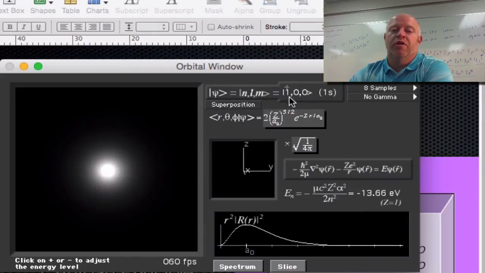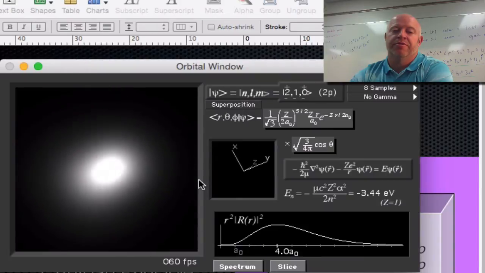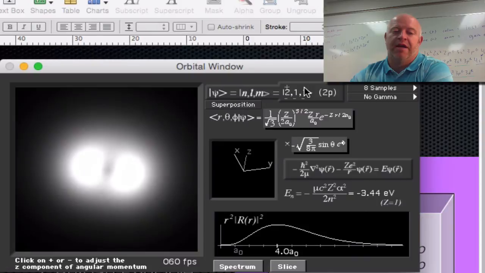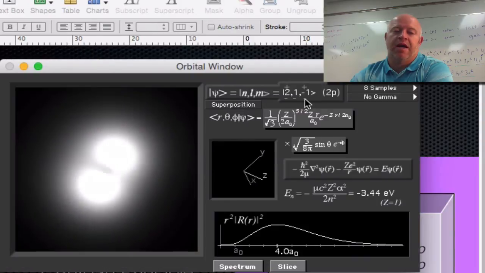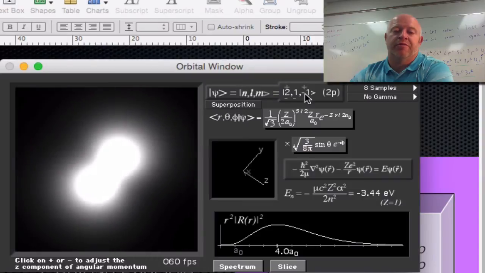Notice on the first energy level, all we can get is an s orbital. But if I move up to the second energy level, a 2 here, now I'm allowed to have s-shaped orbitals and p-shaped orbitals. So here's your p-shaped orbital. Within p we have the x, the y, and the z, so we have all 3 orientations within the p-shaped orbital.